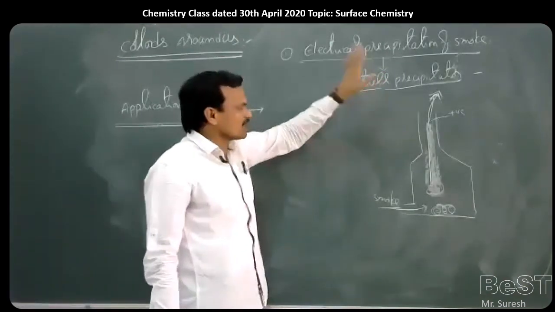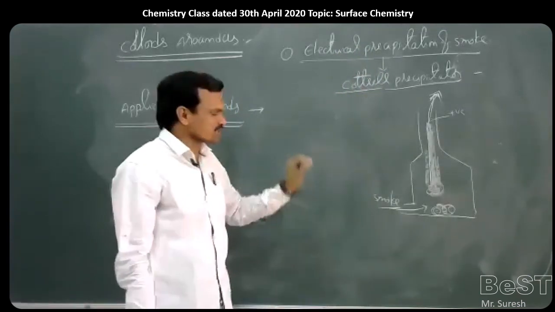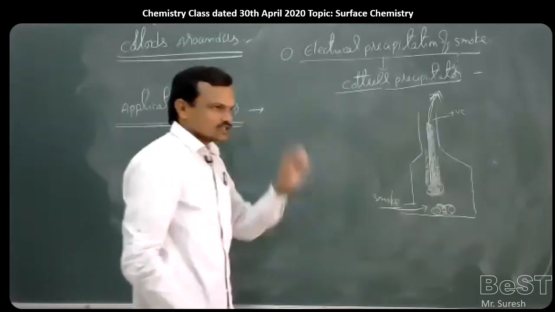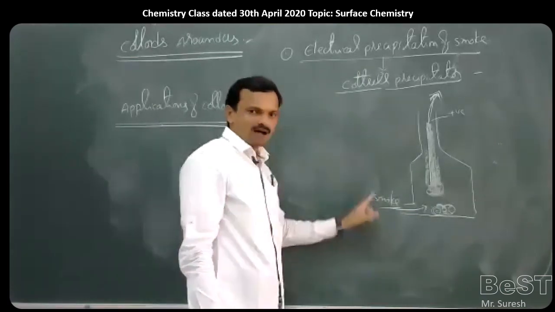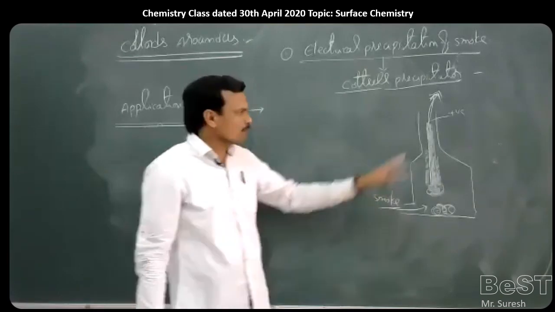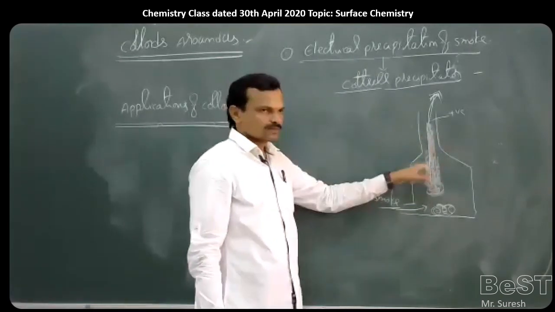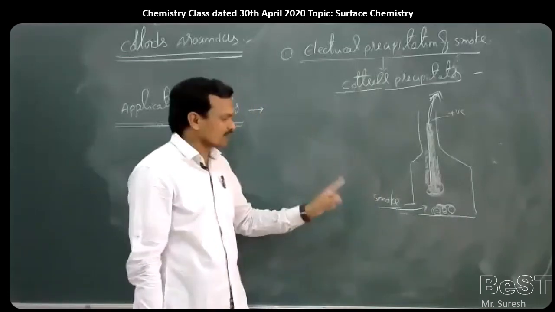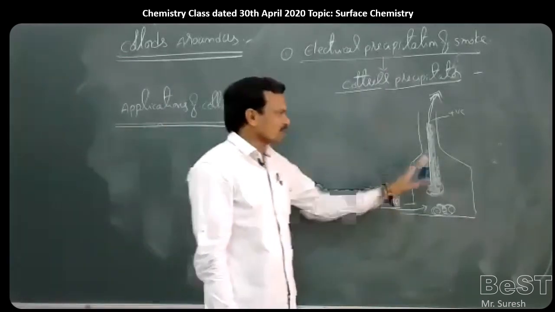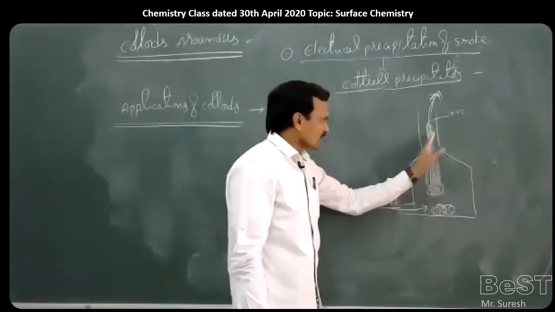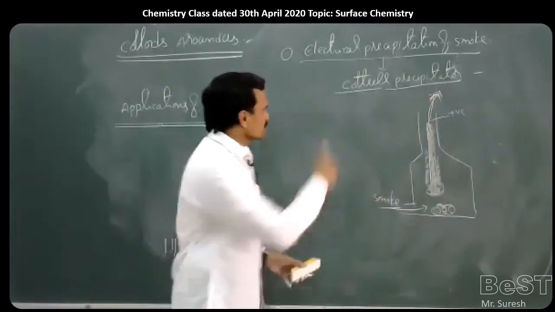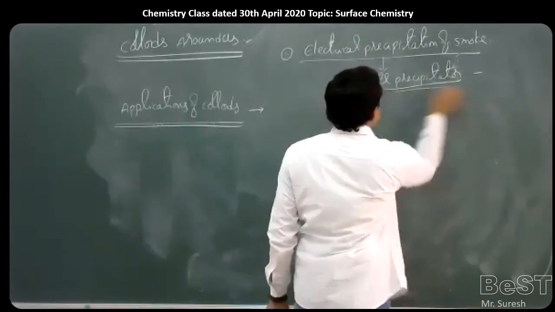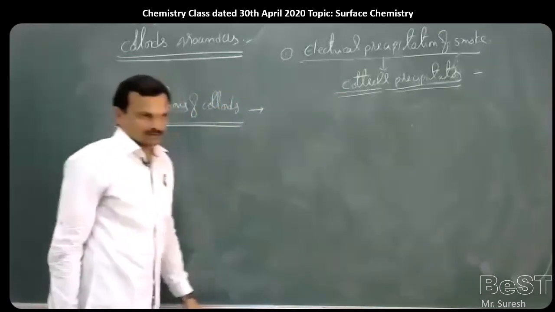It is used in industries for purification of exhaust gases. The overall process is that the charge on the colloidal particles of carbon and dust gets neutralized by the electrodes, so those particles settle and the remaining gases can be released. This is electrical precipitation of smoke, and the device used is called a Cottrell precipitator.